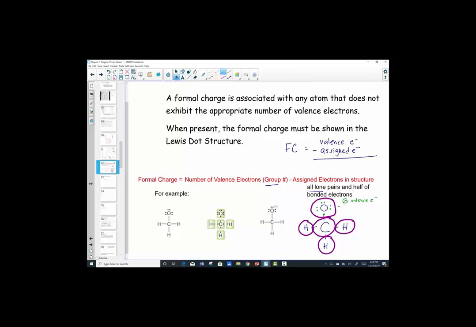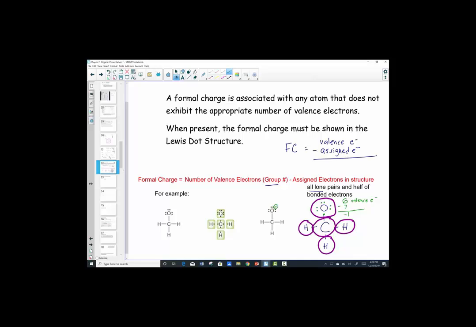So there are 7 assigned electrons, giving it a formal charge of -1. And notice how they're showing that as part of the actual dot structure in that answer. The negative formal charge is placed right on the oxygen's elemental symbol in this compound, and it happens to be the only atom with a formal charge.